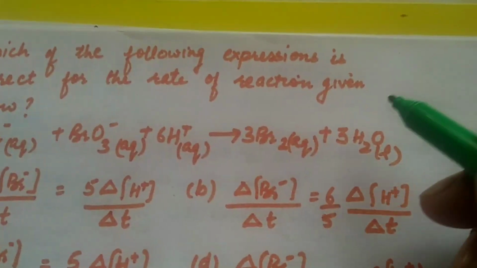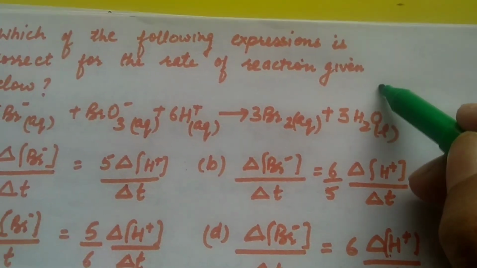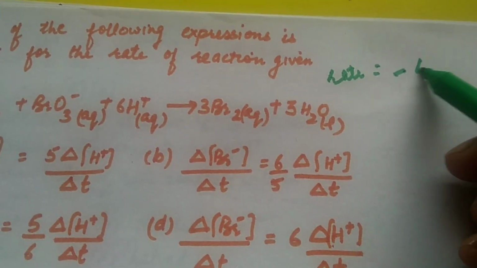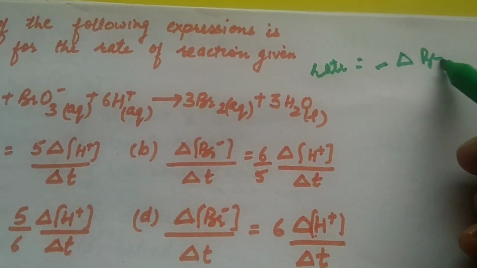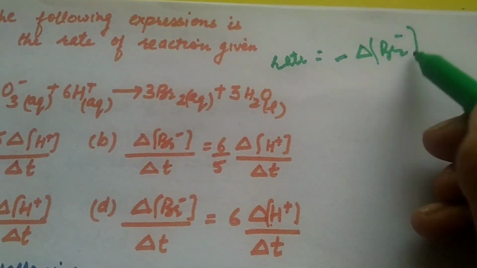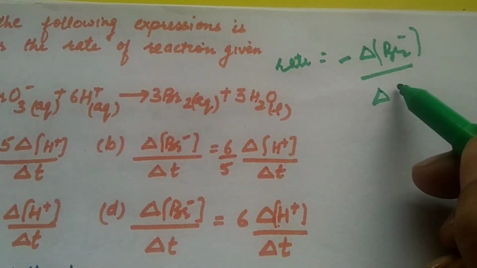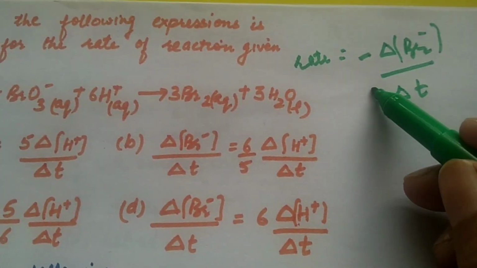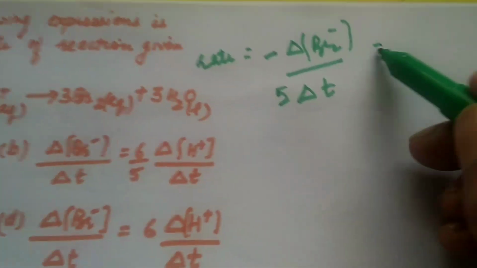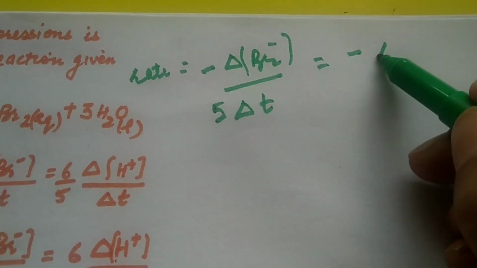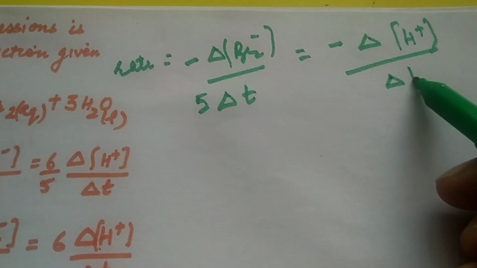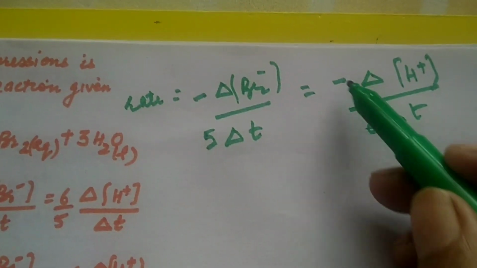Which of the following expressions is correct for the rate of the reaction given below? We write the rate expression as rate is equal to the decrease in concentration of reactant Br negative upon change in time, with the stoichiometric coefficient in the denominator, and in terms of H plus also, the decrease in concentration of H plus ions upon change in time divided by the stoichiometric coefficient.